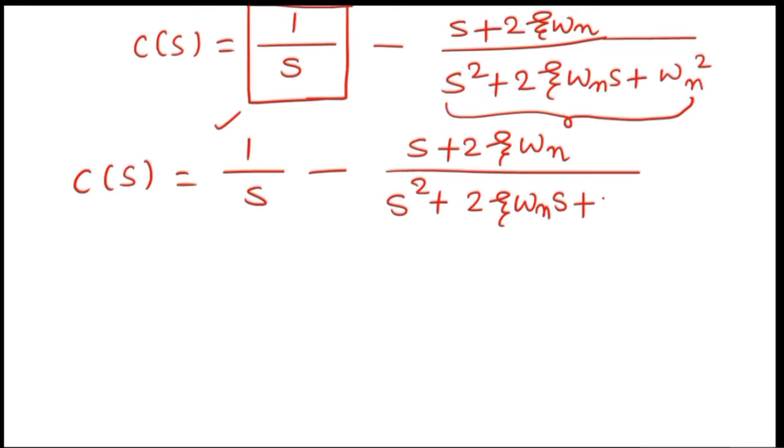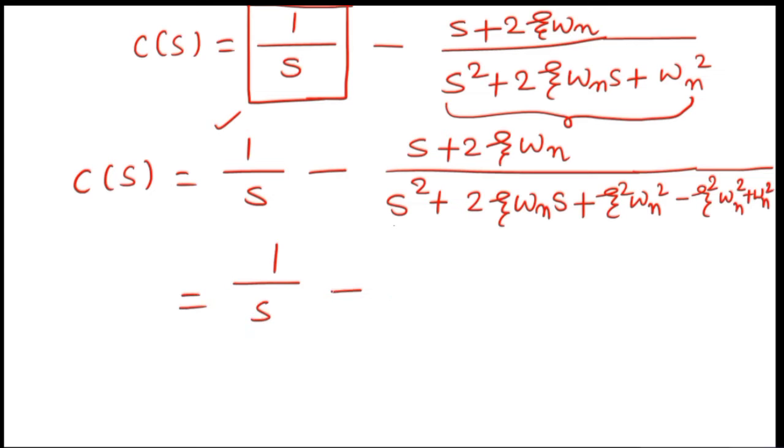For this I am adding a term zeta square omega n square, and I am subtracting the same term zeta square omega n square, plus omega n square. So the value of the denominator polynomial is not going to change, but it will be written like this.